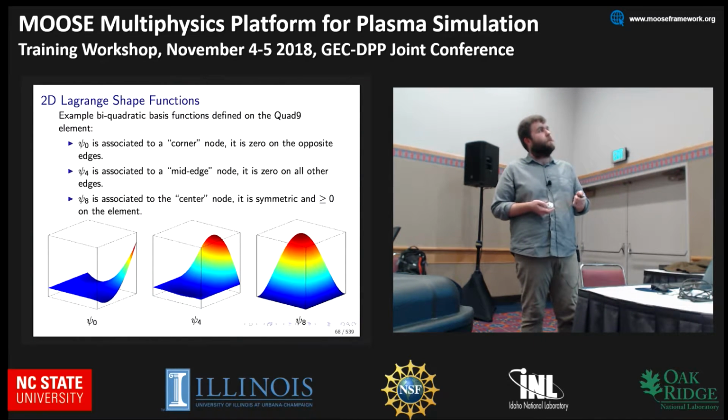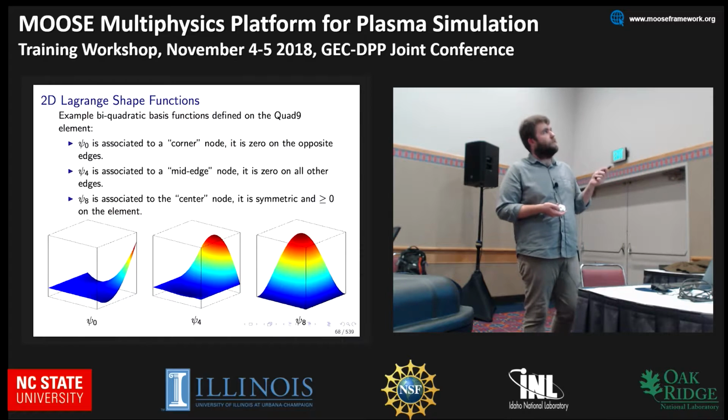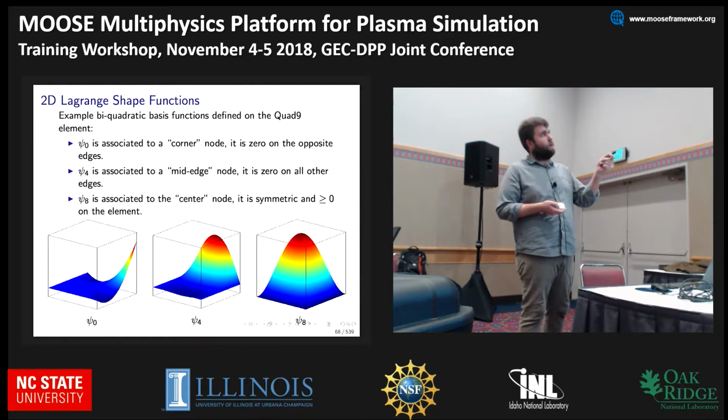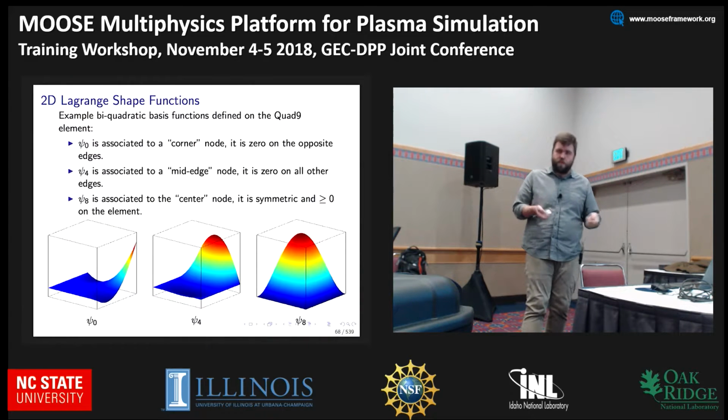In 2D, here's an example of a 2D Lagrange shape function. If we're on a corner node it's 1 there and 0 on the other edges, and if it's associated with the center, it's 1 in the center and 0 on the edges.